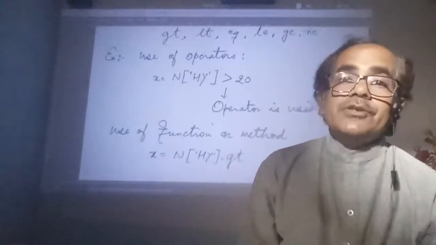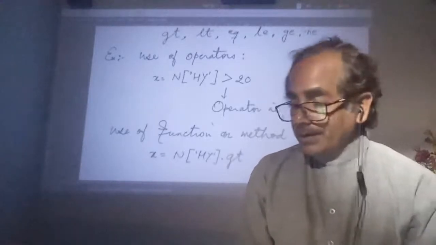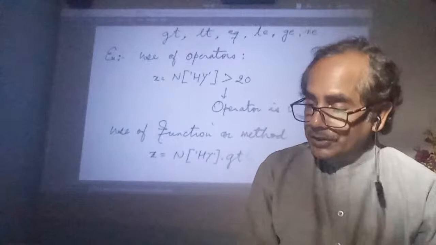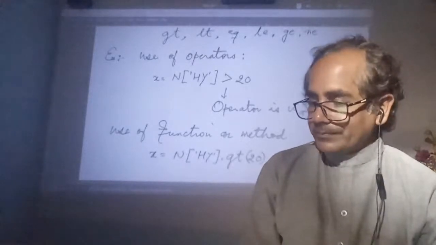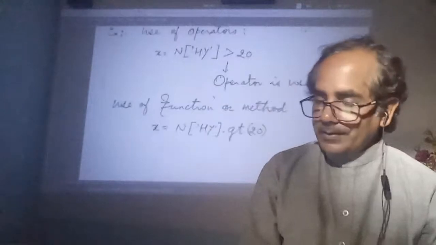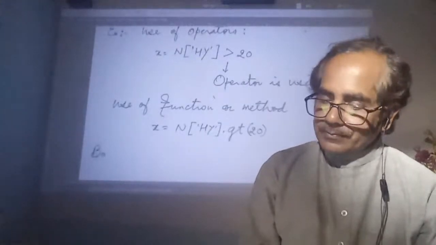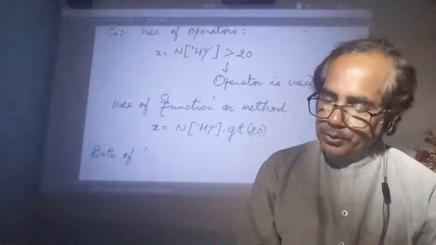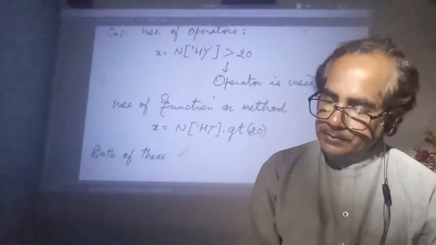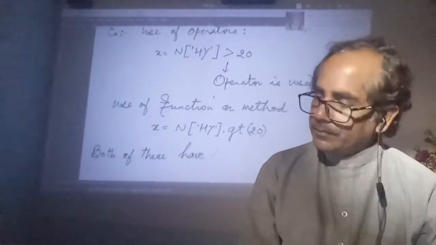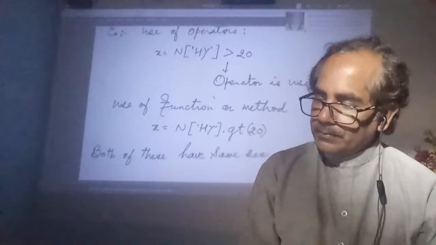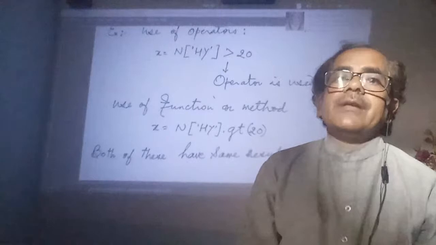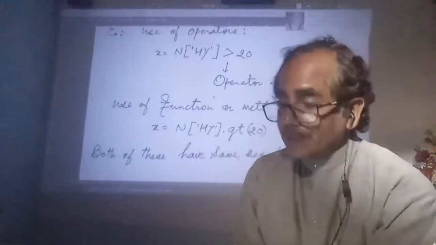Gt is the function that finds the greater than relation, and within this the scalar value you are giving. Both of these have the same results.